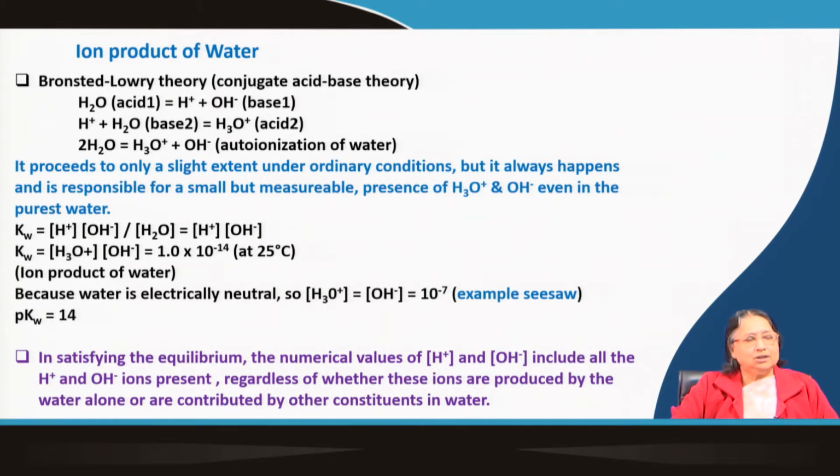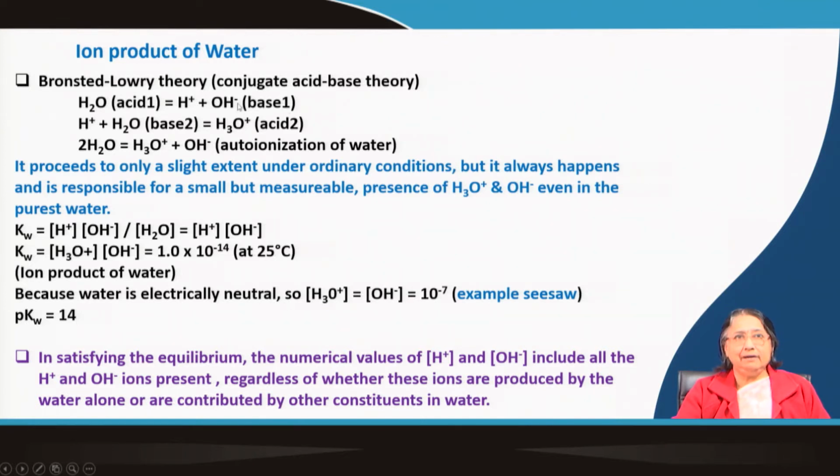Now, the ion product of water. I have already told in my first lecture what the ion product of water is. We know from the Bronsted-Lowry theory of conjugate acid base pairs that water can act as an acid when it gives an H plus ion and OH minus ion, which is its conjugate base.